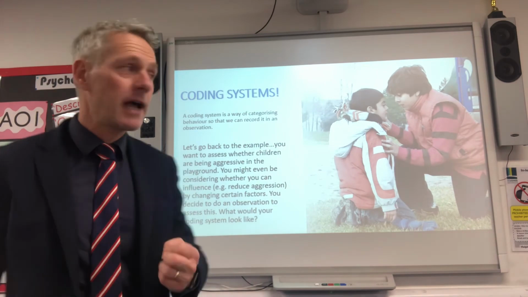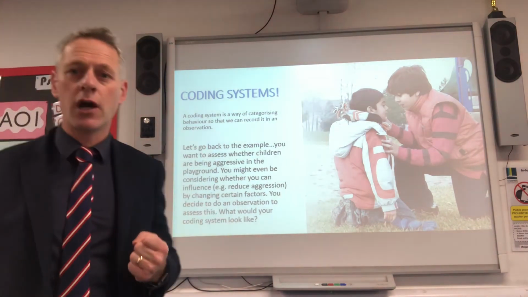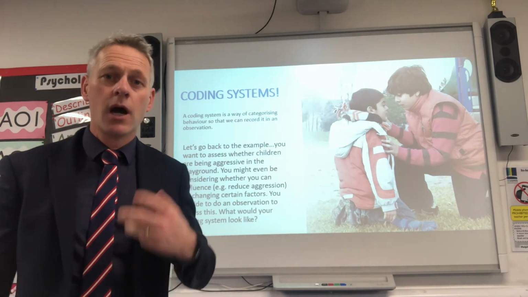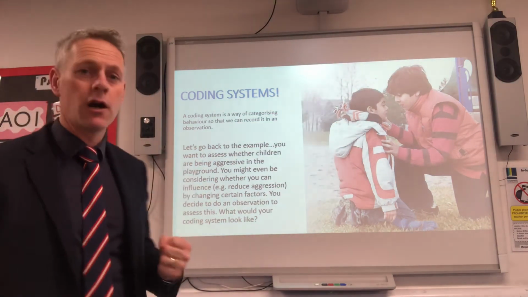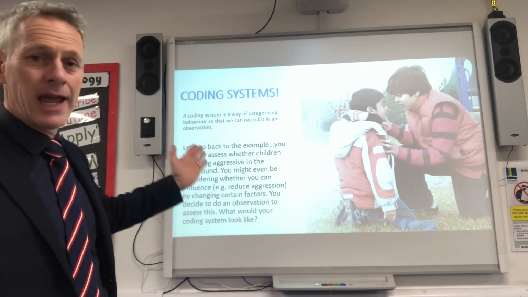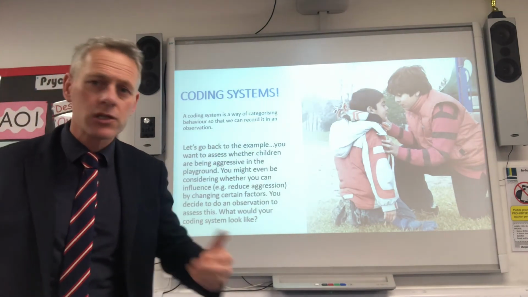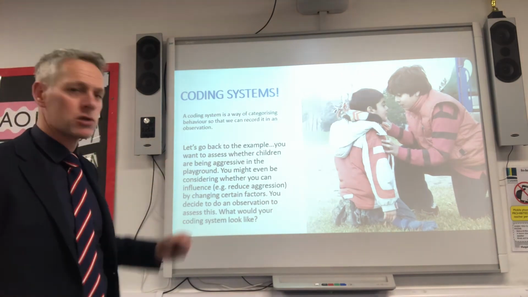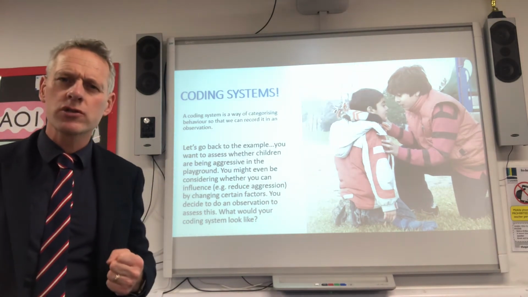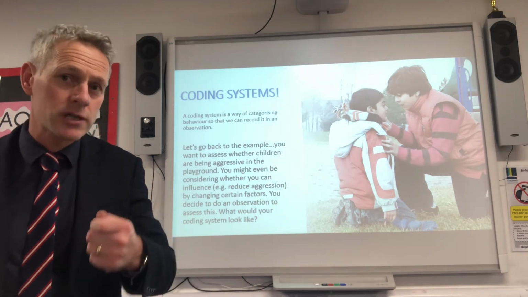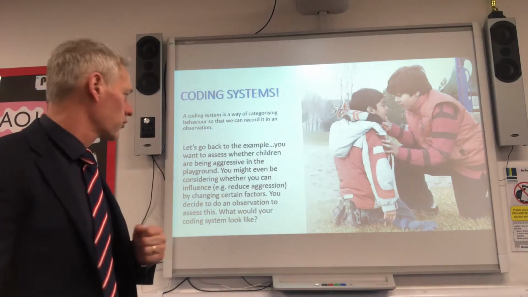Now folks, let's look at the importance here of coding systems. Coding systems are critical. A coding system is a way of categorizing behavior so that we can record it in an observation. Let's go back to our example. We're interested in children's behavior in the playground. We're interested in whether children are aggressive, for example.